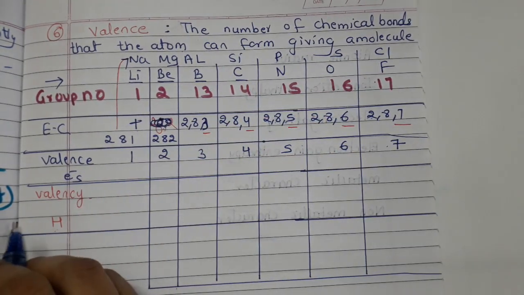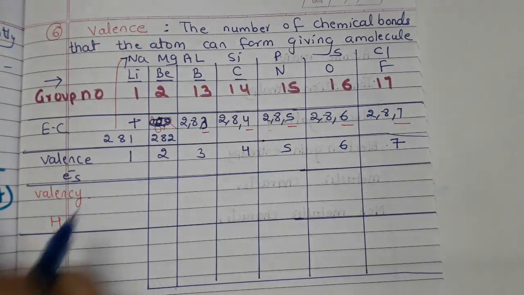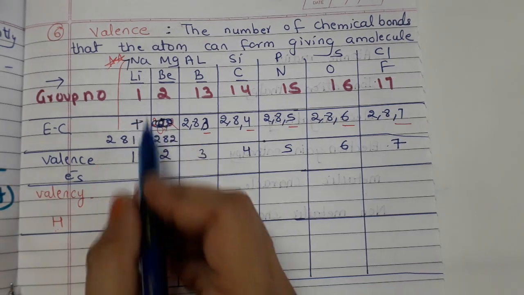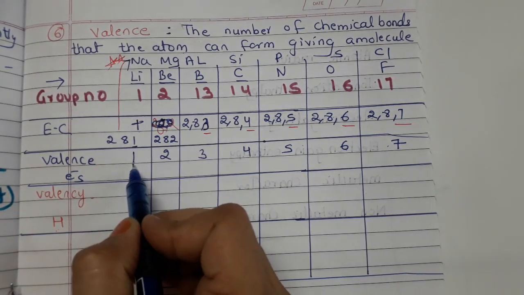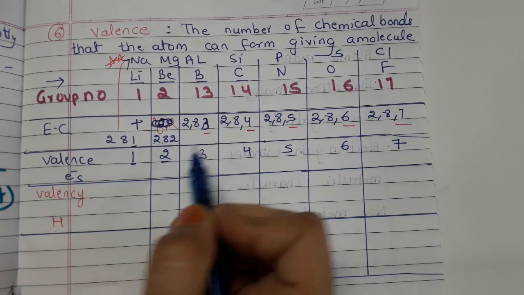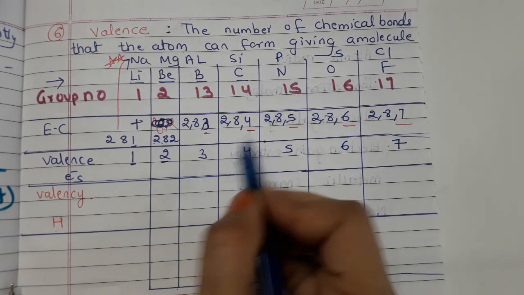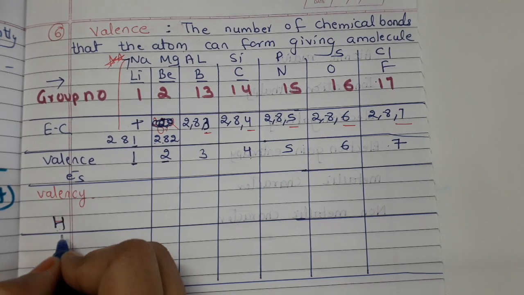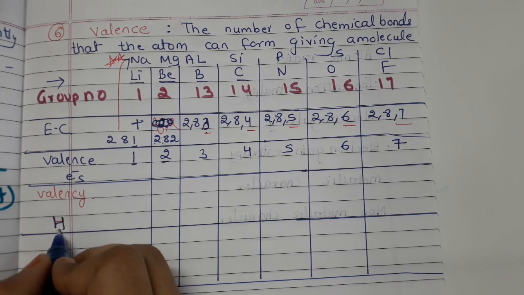Now, we are going to opt for sodium. Where I have made the star, you concentrate here. I have written 2, 8, 1, 1 valence electron, 2, 8, 2, 2 valence electrons, the rest is the same, that is 3, 4, 5. Now valency. To explain the concept of valency, I am giving one example of hydrogen.